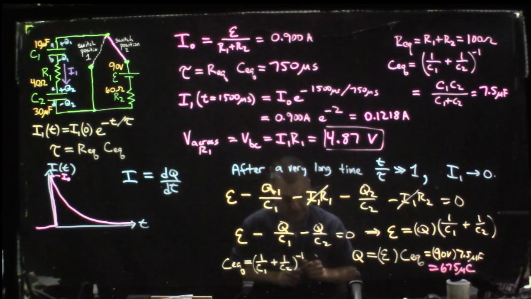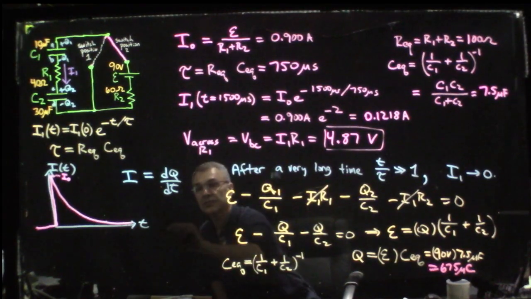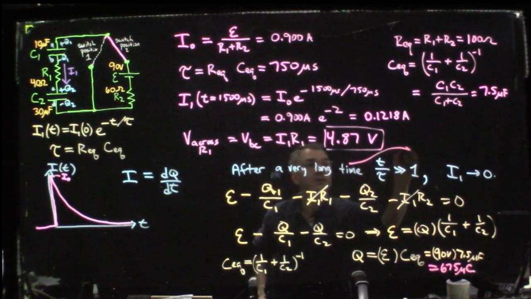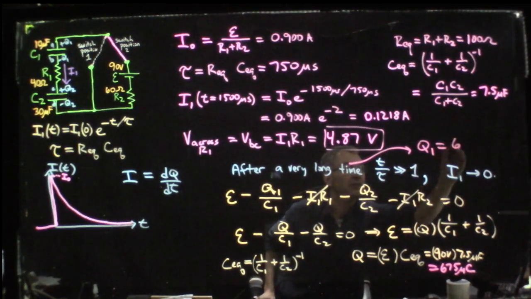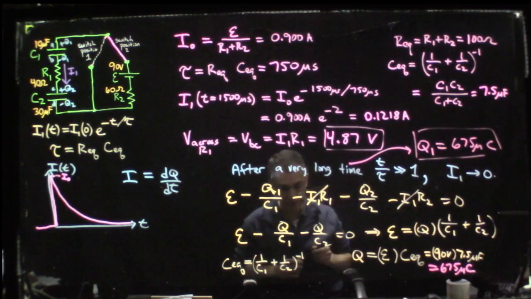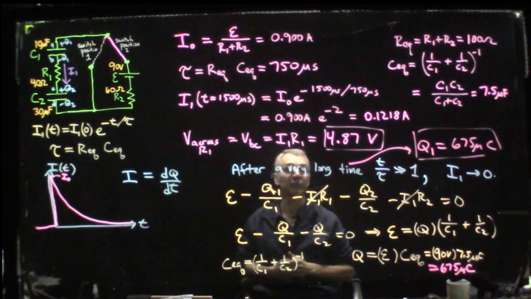And then the question actually asked, what's the charge on C1? That's the same as the charge on C2. So after a very long time, the charge on C1 is 675 microcoulombs. Okay, so that was part C. But if you'd asked about the charge on capacitor 2, it would have been the same answer in this case, because these two capacitors are in series.